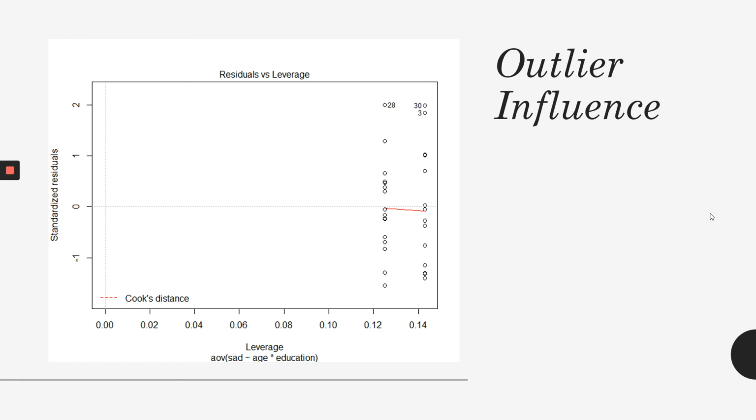And then last but not least, the outlier influence. So we can see that there's a little bit of stray, which may affect our normality a bit, but it doesn't really seem that significant. The biggest issue is the non-independent predictors that we talked about earlier. We need those predictors to be unrelated, but they seem to be related in our model.